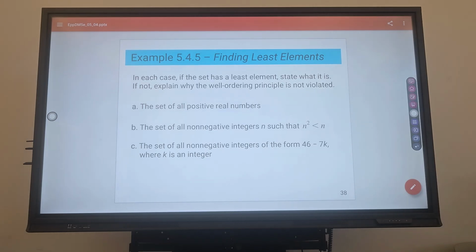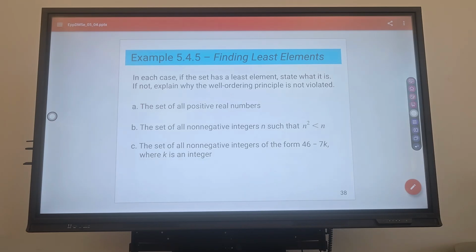Well, to get a non-negative integer from 46 minus 7k, you can go 46 minus 7 with k equals 1, 46 minus 14 with k equals 2.